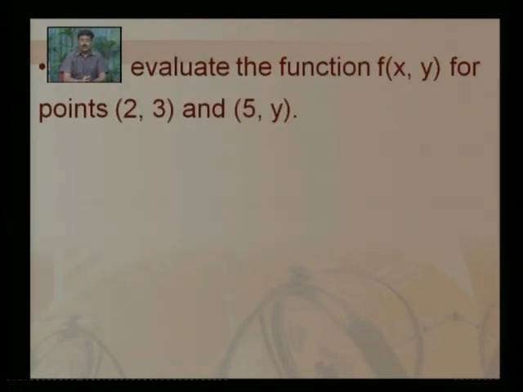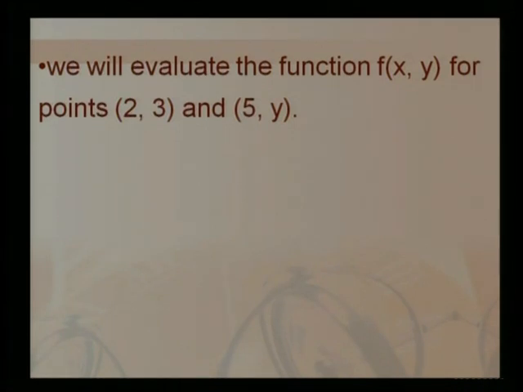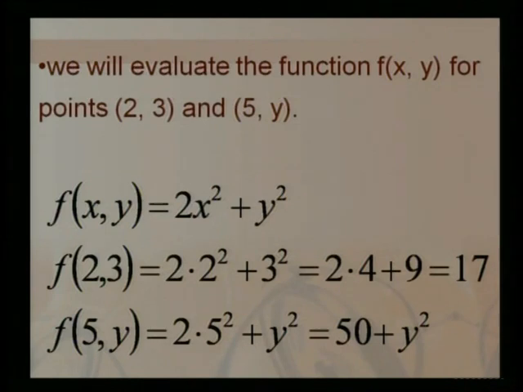We will evaluate the function f(x, y) at the point (2, 3) and the second point (5, y). Here, when we put x equal to 2 and y equal to 3 in the function f(x, y), we get f(2, 3) as 2 into 2² plus 3², that is 2 into 4 plus 9, which gives the value of the function at (2, 3) as 17.